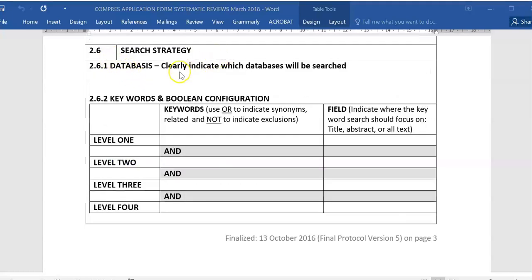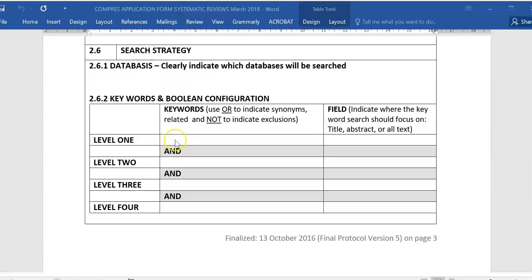The search strategy is where you now indicate, this is actually the same as identifying your population and your sample. So in the search strategy, you have to indicate the databases that you will be using, and there can be different ones. The keywords.